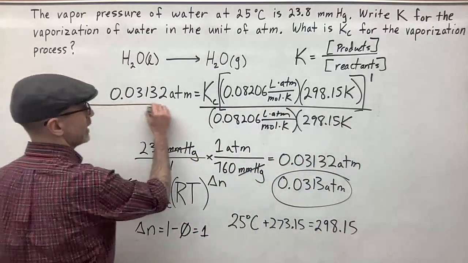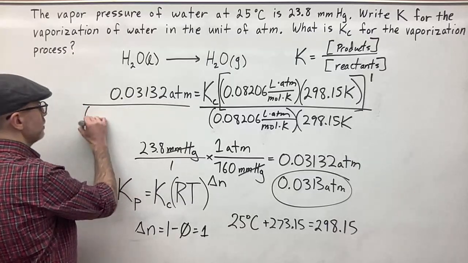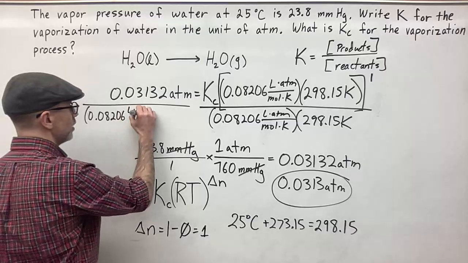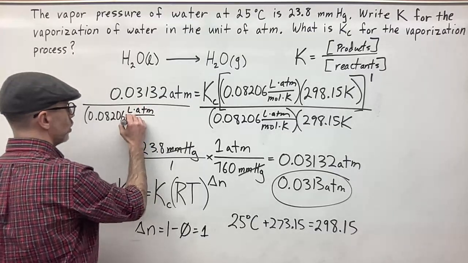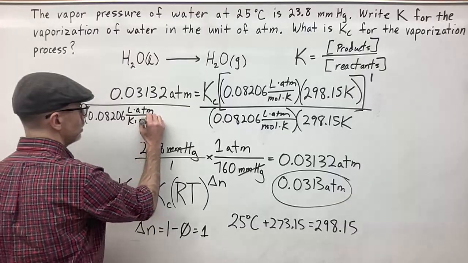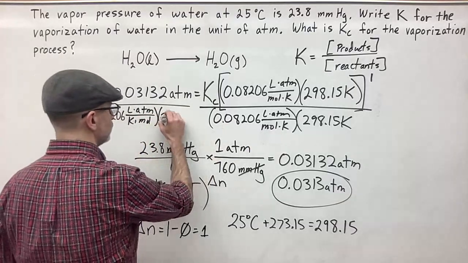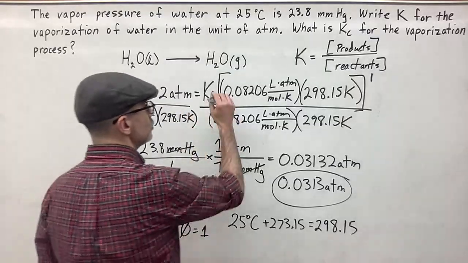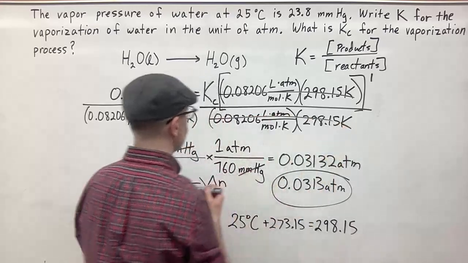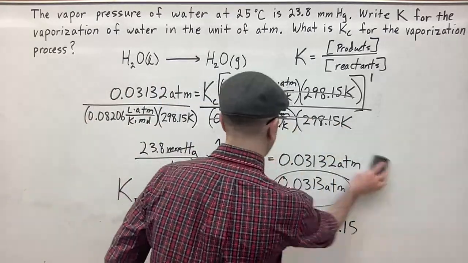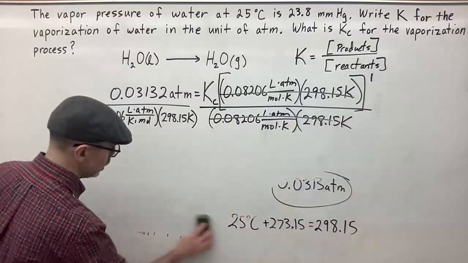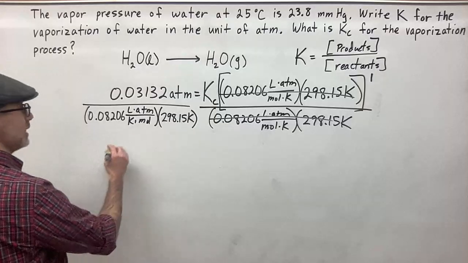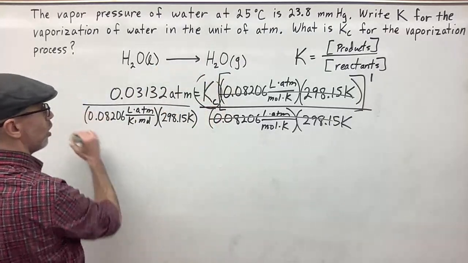And I'm going to divide on this side as well by 0.08206 liter atmospheres over Kelvin mole, and also divided by 298.15 Kelvin. Okay, so all of this cancels out. Let me erase all of this so that I don't need this anymore. So now Kc is equal to all of this.